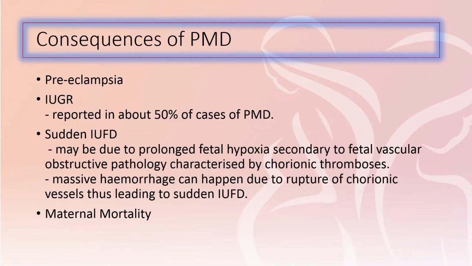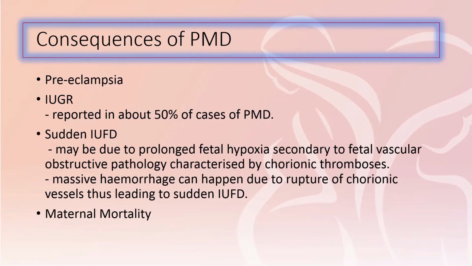So what happens once a patient is diagnosed with placental mesenchymal dysplasia? What are the consequences? The patient needs to be informed that she is at high risk of having preeclampsia. Her baby is at high risk of having intrauterine growth restriction, as 50% of cases of PMD are reported to be intrauterine growth restricted.